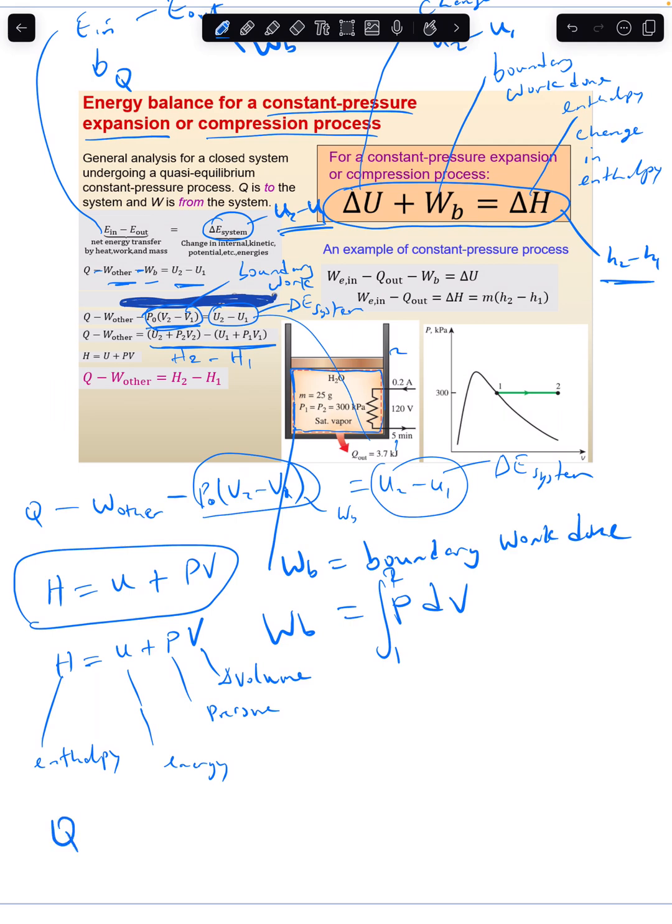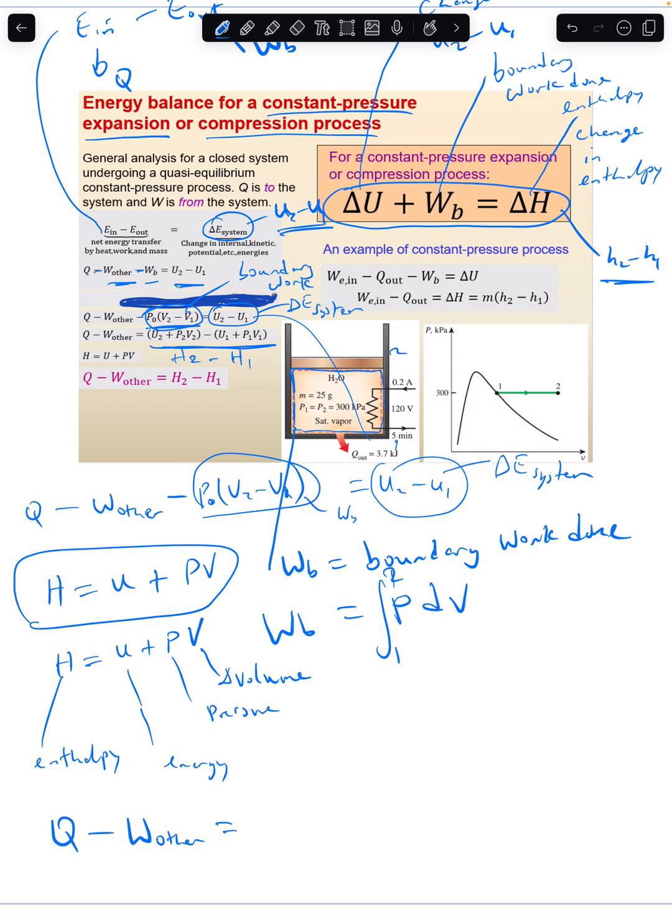the value for heat minus the work, which is just any other work, as I explained. It can be powered by the shaft or electric energy given to the system. It's equal to what?